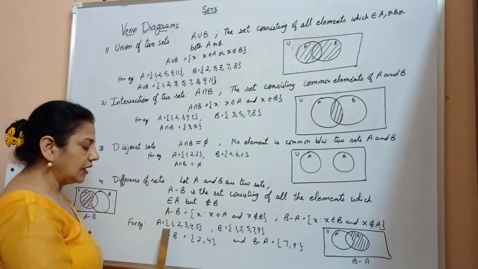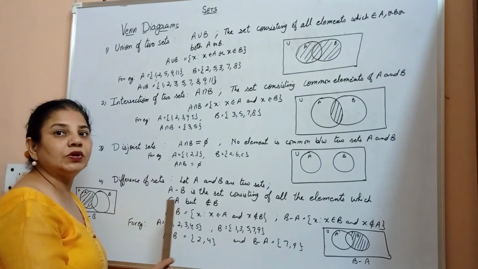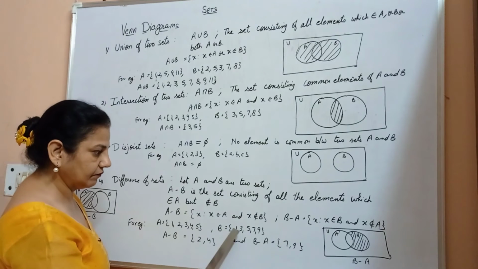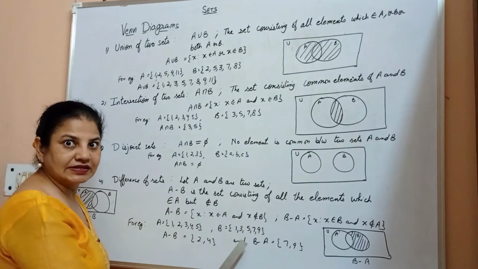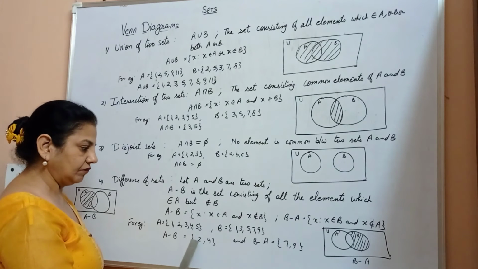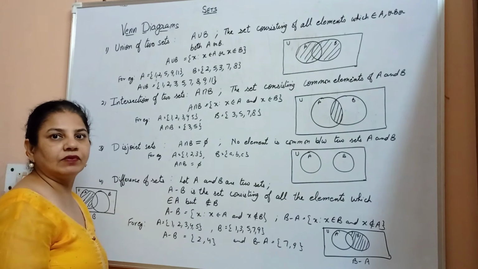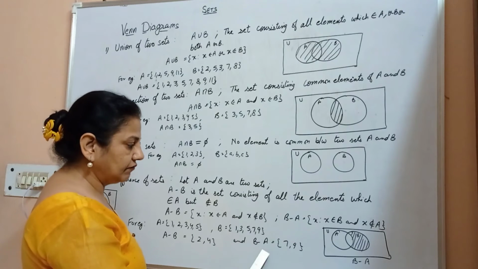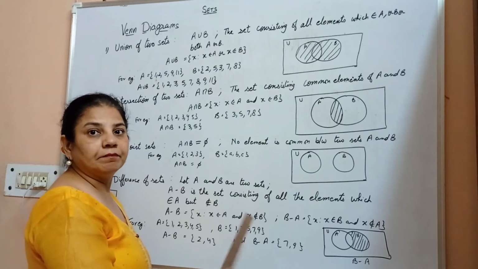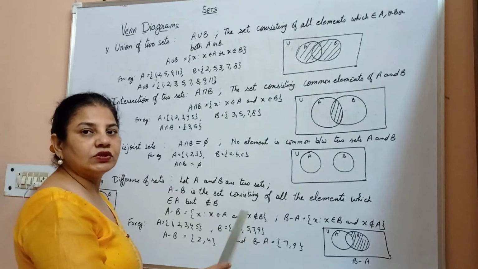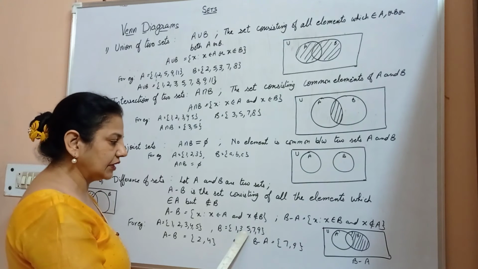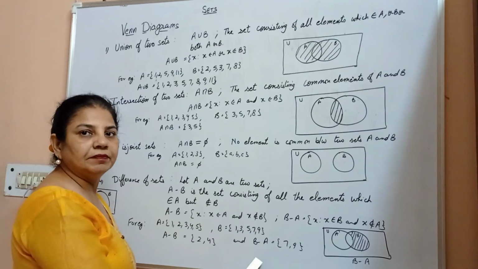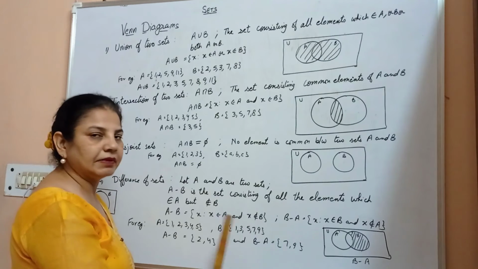Then for A minus B, I will write all the elements of A excluding the common elements of B. So 1, 3, 5 are in set A as well as in set B. So I will write only 2 and 4, and I exclude the common elements 1, 3, 5 which are in A and B. Similarly, for B minus A, my main set is B. I will exclude the elements of A from B. So 1, 3, 5 is common between them. I exclude them, and the remaining elements 7, 9 will come in the set B minus A.